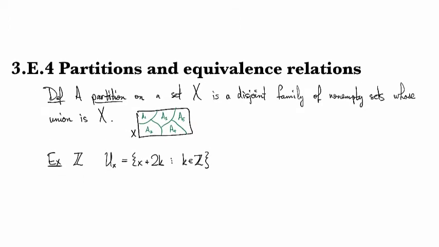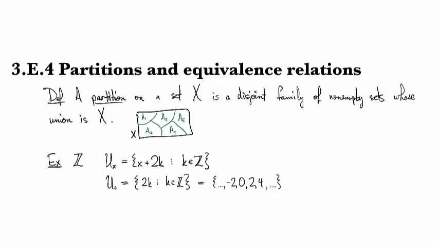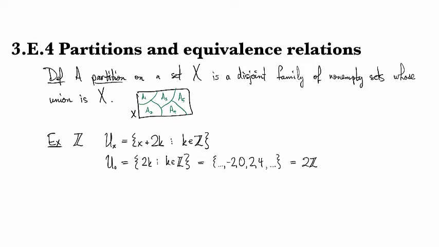So for example, U_0 is going to be the set of integers that have been multiplied by 2, so all those guys. Since it's the integers multiplied by 2, it's also commonly denoted 2 times the integers.